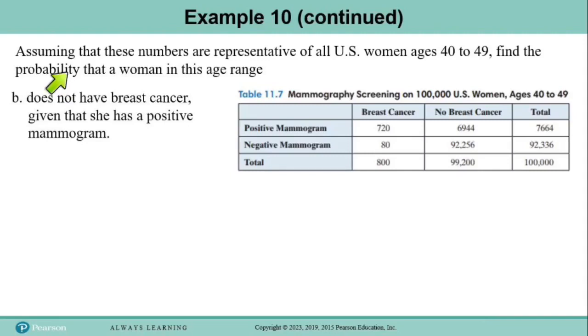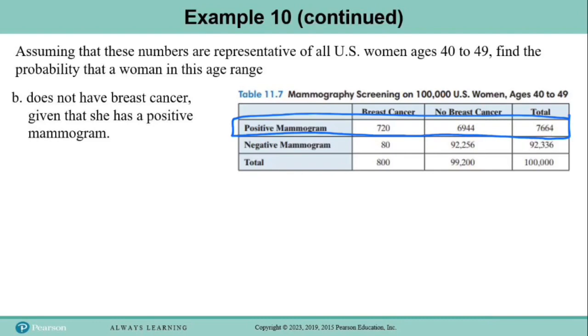And let's look at part B together. So we want to find the probability that a woman in this age range does not have breast cancer given that she has a positive mammogram. Okay, so given that she has a positive mammogram, we want to limit our sample space to those who had a positive mammogram. So that would be this top row.